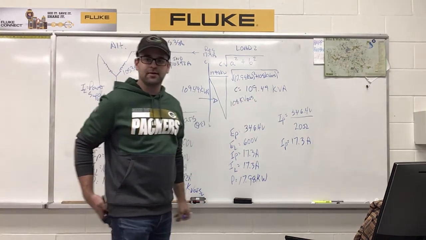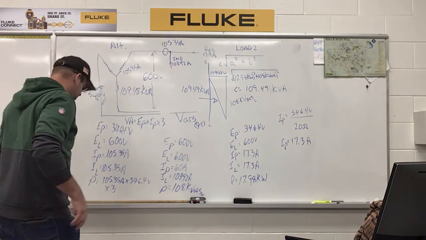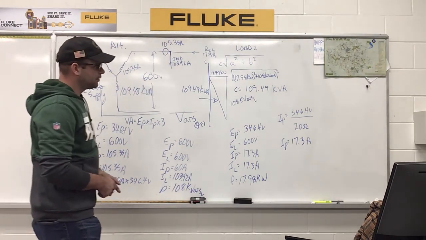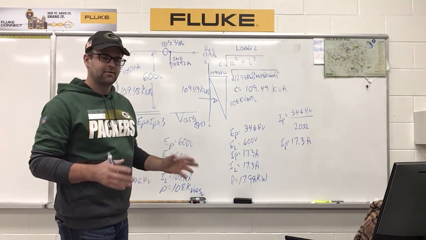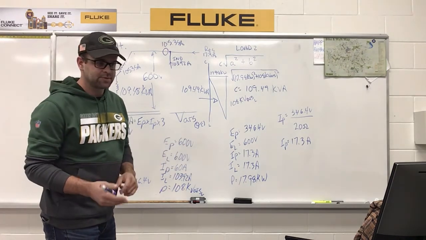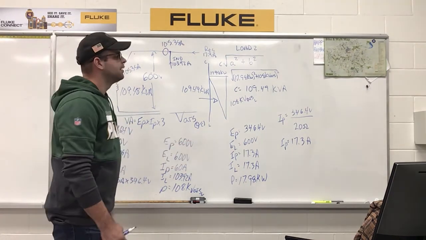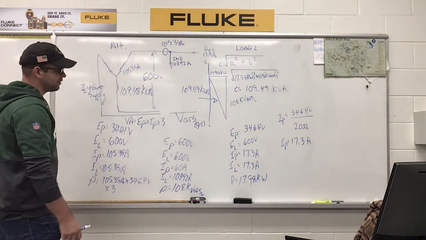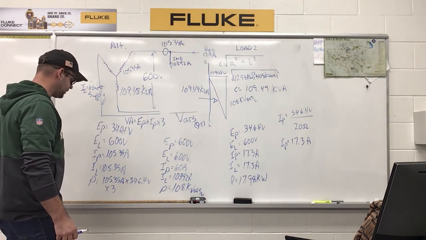So when you get done everything should look very close to the same. Obviously, with rounding a couple of decimal places, either higher or lower, you end up getting that slight variance that you do there.